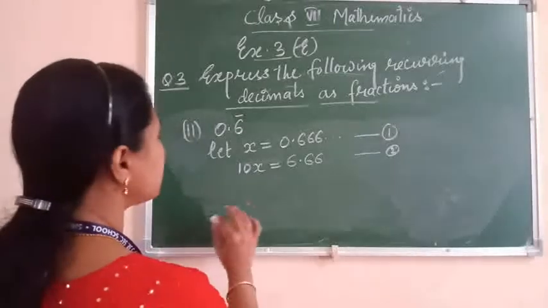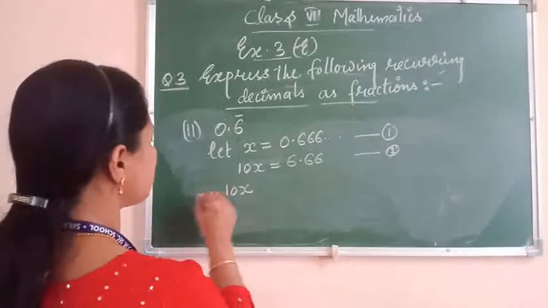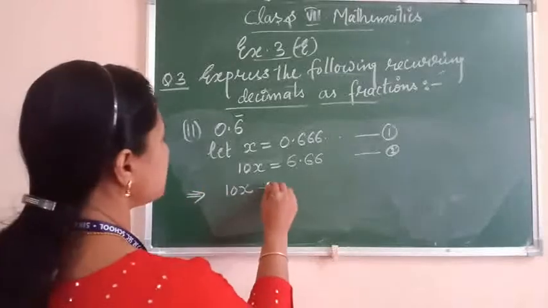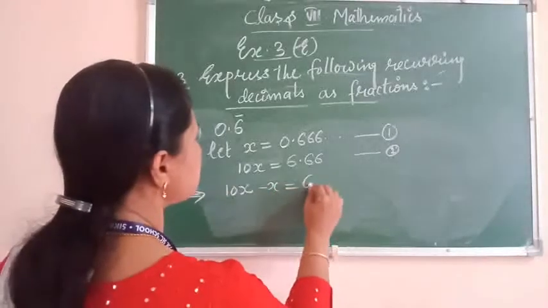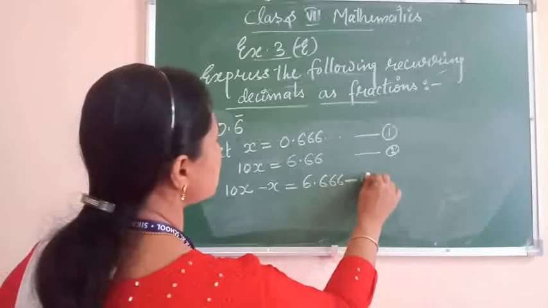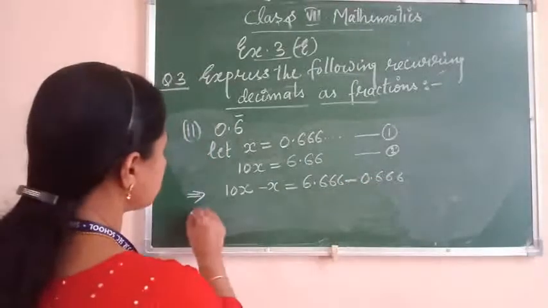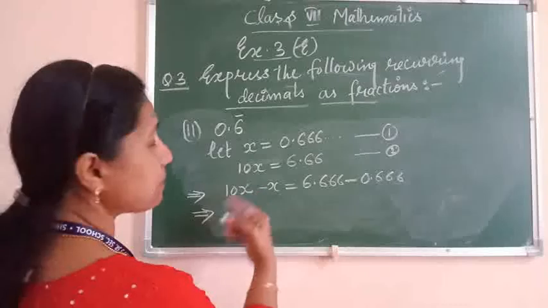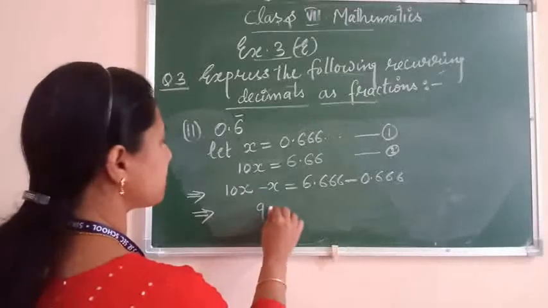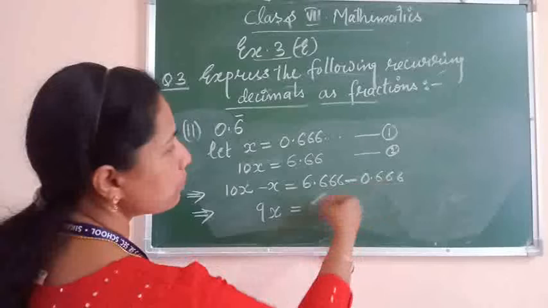Now we are doing the subtraction. 10x minus x is equal to 6.66 minus 0.66.